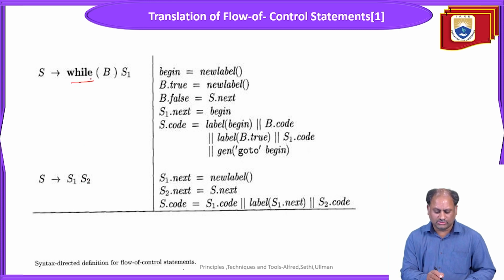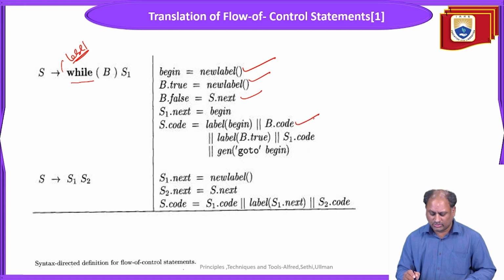For the while structure we first have to create a new label. That means first a new label is created before the beginning of this one, and then it evaluates true, new label, false. Whenever it is true, the code is created with S1.code inside.